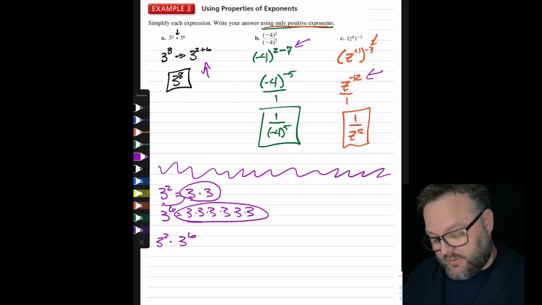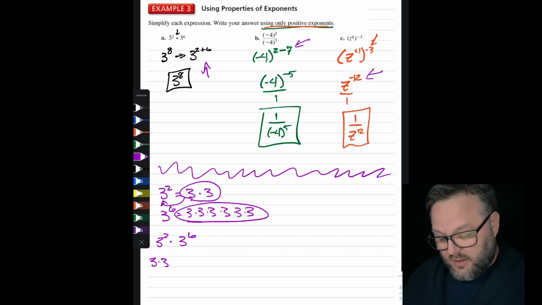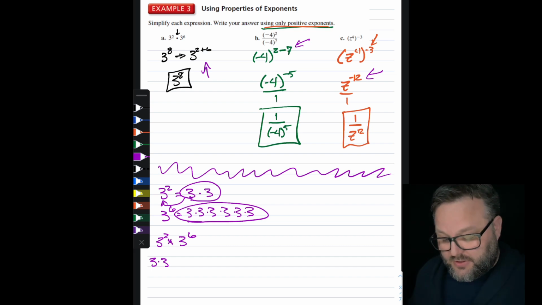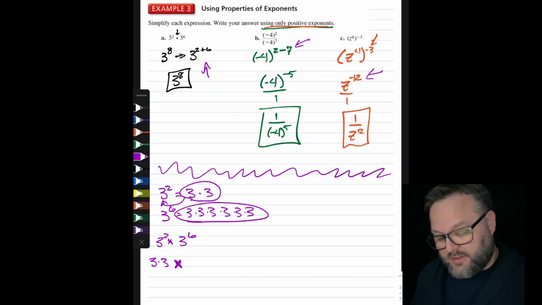This one for 3 squared, so I have 3 times 3. And just to be able to go back to the original, I'm going to change this symbol to the old school multiplication, just to be able to differentiate between the two groups that we substituted for. So this is not x like unknown, this is x like multiply for an example.